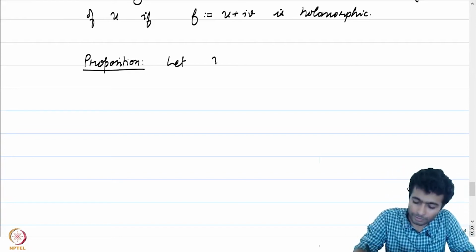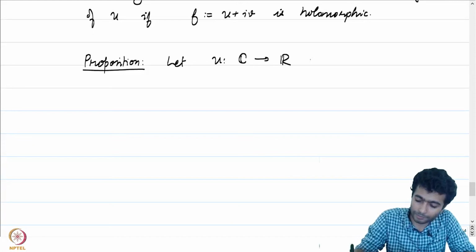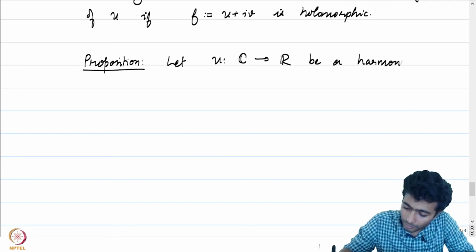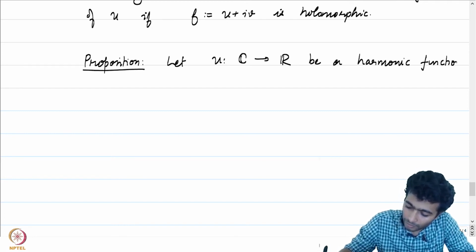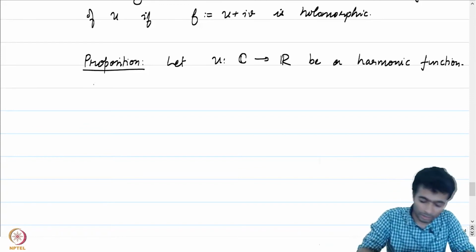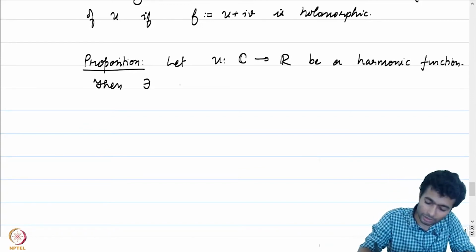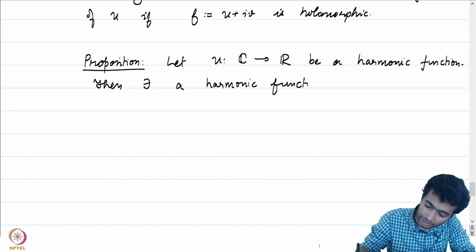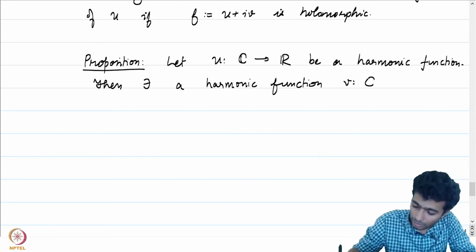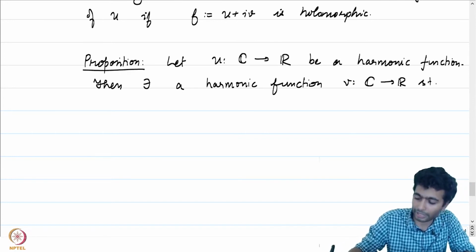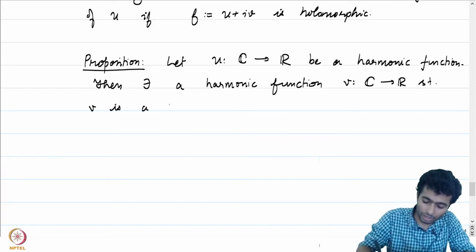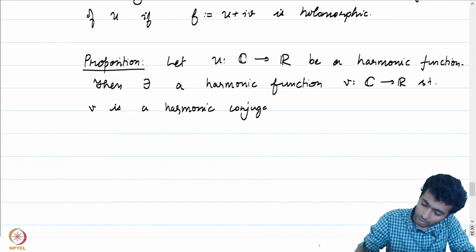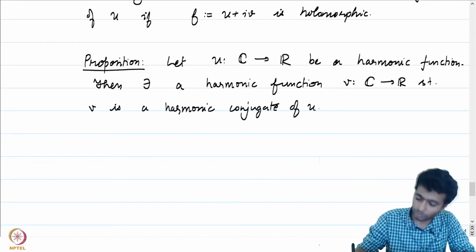Let u from C into R be a harmonic function. Then there exists a harmonic function v from C into R such that v is a harmonic conjugate of u.